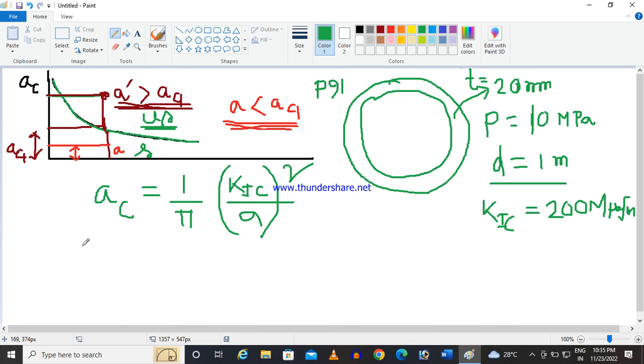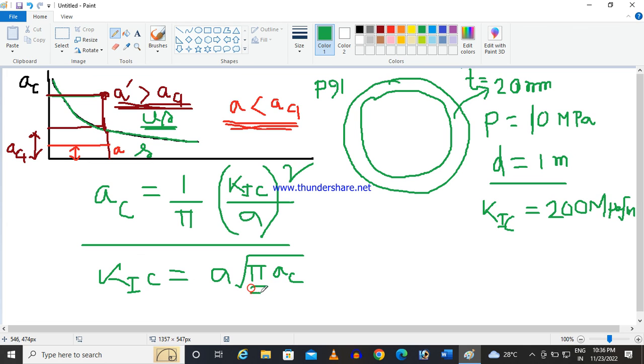Because if you see this equation, K1C is equal to sigma into root over pi a_c.